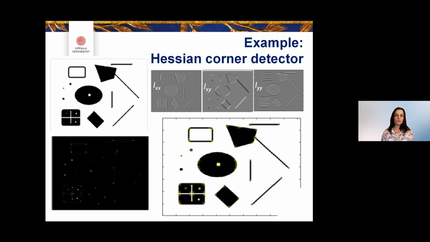And then we need to find maxima of that determinant function. These detected maxima are then shown here. And if overlaid on the original image, they correspond to the corner points in this original image, as expected.